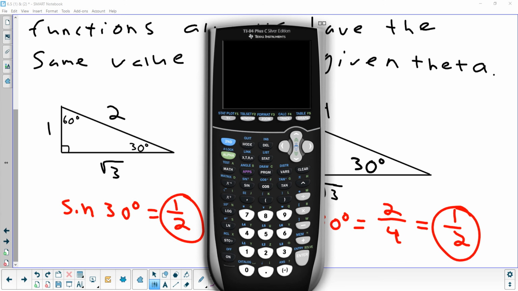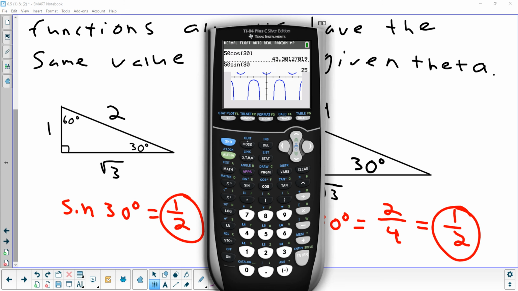And that's why when you go on the calculator and you type in something like, let's just change to degrees, sine 30 degrees, it can tell me the answer is 1/2. I didn't tell the calculator how big of a triangle I was talking about. All I did was tell the calculator the angle. That's all it needs to know. It doesn't need to know how big the triangle is, because it doesn't matter.